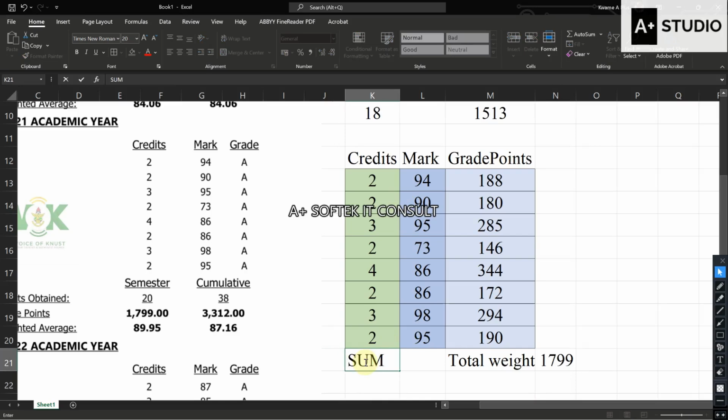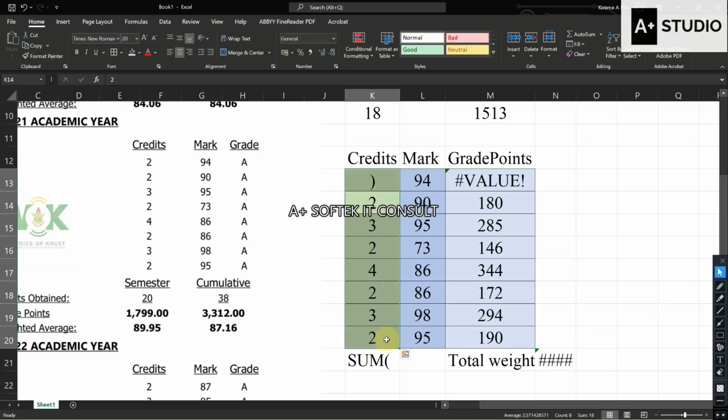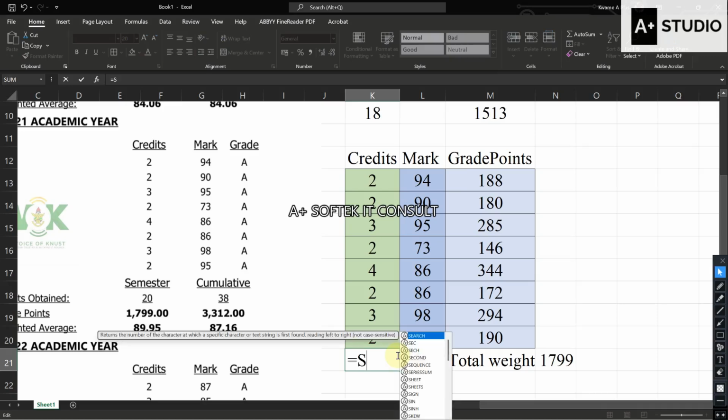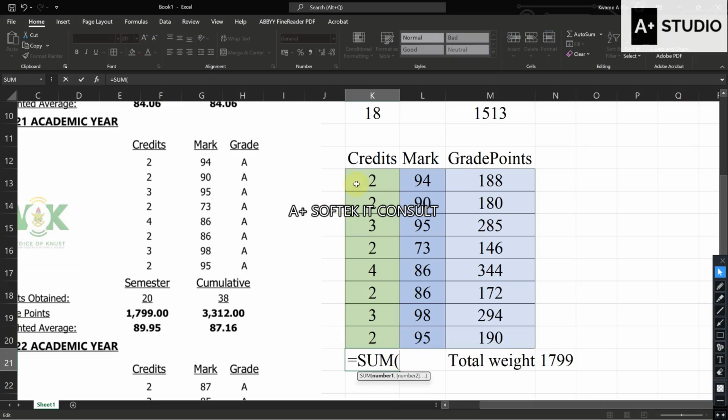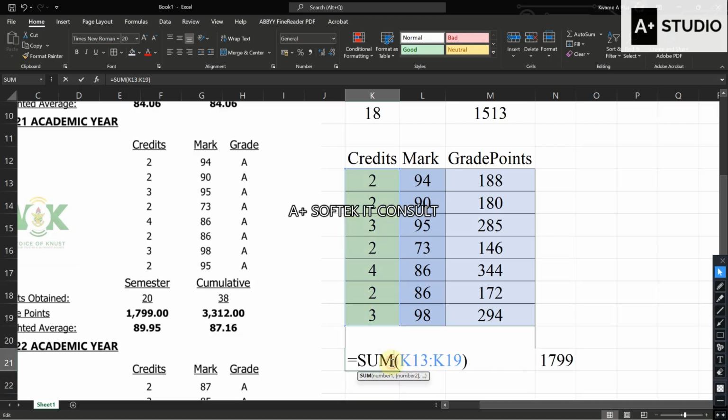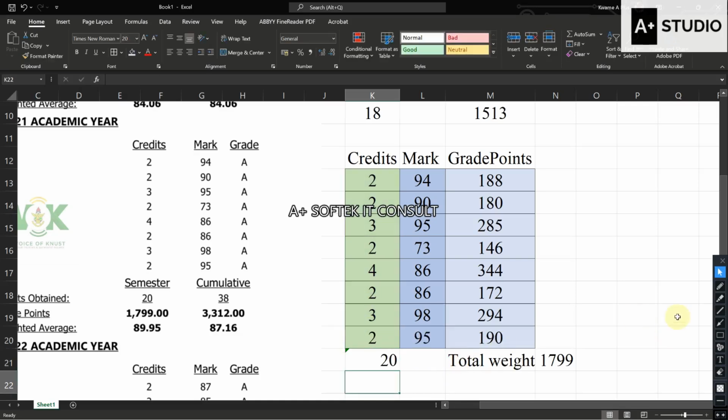We do the sum of all of these ones as well. Oh, what happened? The last two weren't added. Let me add the last two to it. That is 20. So this is the credit hours, and this is the total weight.